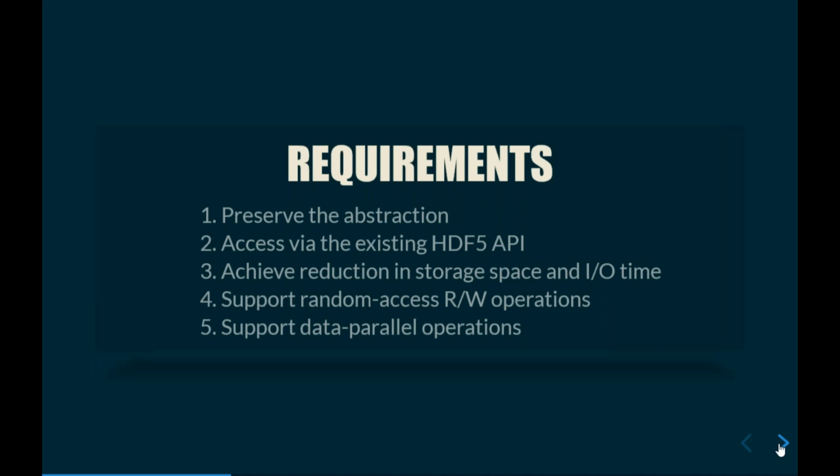Number one is we would like to preserve the abstraction for a variety of reasons, but last but not least, to maintain interoperability with the existing ecosystem. We would also like to be able to access these sparse data sets through existing HDF5 APIs.